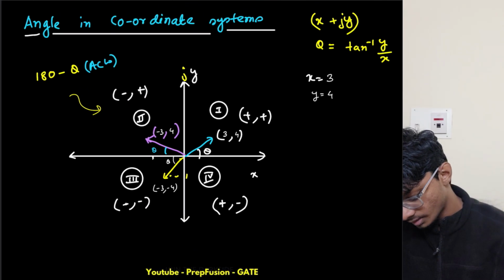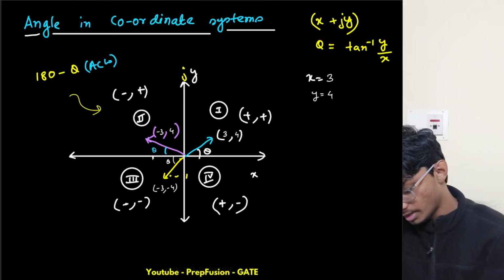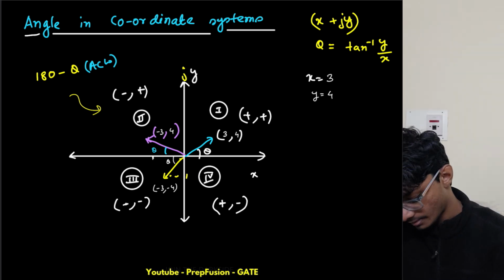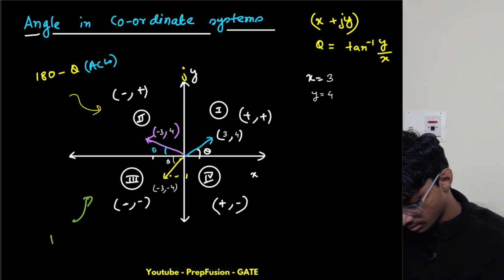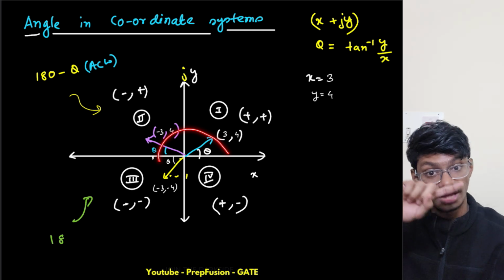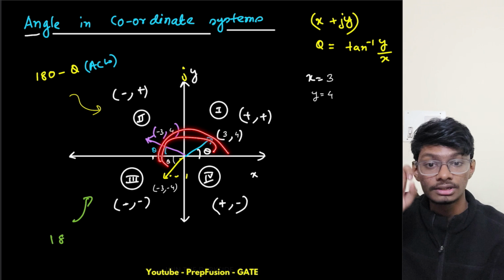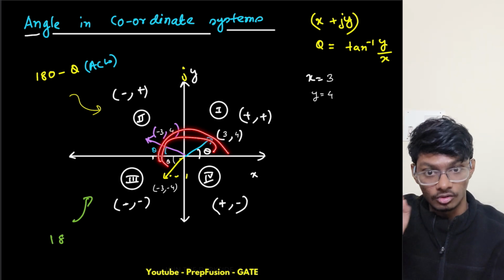Now again this is my theta, so what will be my angle in the third quadrant? I'm rotating a full 180 degrees, but now I have to rotate another extra theta in the anti-clockwise. So this will be plus theta, not minus theta, because I am rotating anti-clockwise, not clockwise.